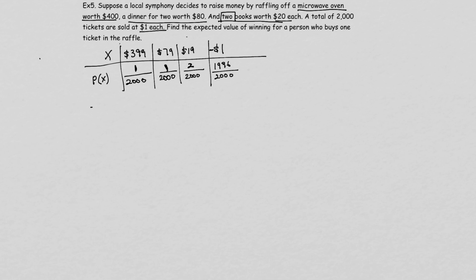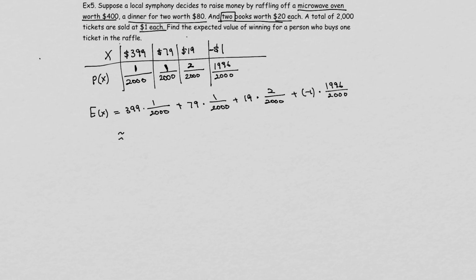So in order to find the expected value of that problem, we do 399 times 1 over 2,000, plus 79 times 1 over 2,000, plus 19 times 2 over 2,000, plus negative 1 times 1996 over 2,000.